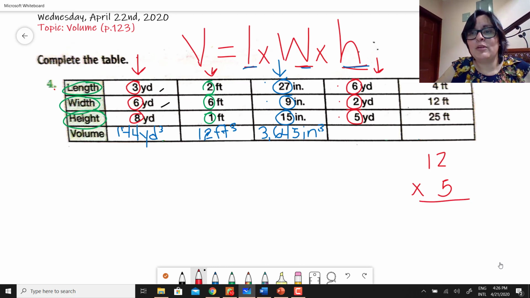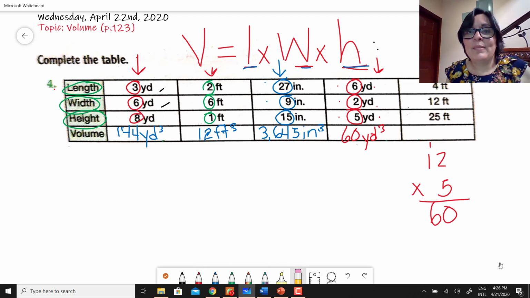You have to know the timetable of 12, but let's do it apart. 5 times 2, 10. 5 times 1, 5 and 1, 6. So 60. How have to be the units? Cubic. 60 cubic yards, because we have 1, 2, 3 yards that we are multiplying.